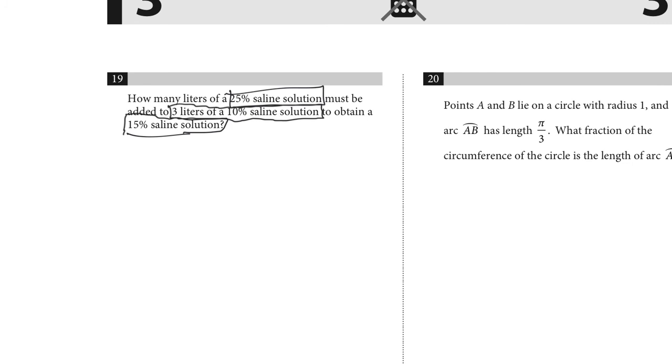Let's try solving this using percentages. So 0.25. I'll just put it down as 25 by 100 of a saline. How many liters? So okay, this much must be added to 3 liters of a 10% solution to obtain a 15% saline solution.